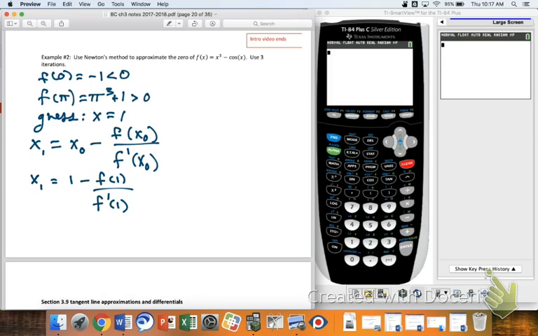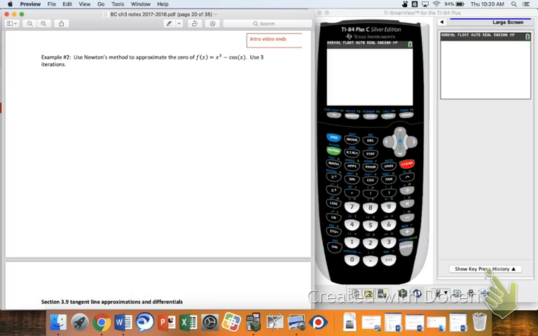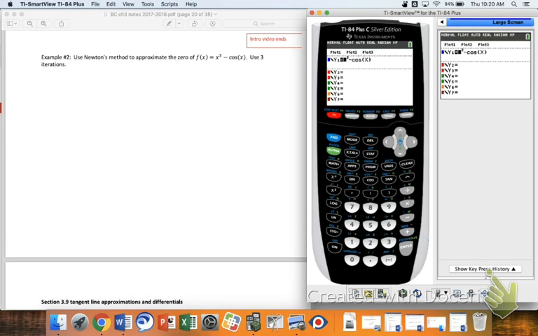So here's what I'm going to do. It's not going to let me do this. I hate that. So is it okay if I erase the writing real quick? We'll put it back up there in a second. I'm going to go back over here and I'm going to say that y1 equals, we're going to make it x minus parentheses x cubed minus cosine of x divided by the derivative of that.